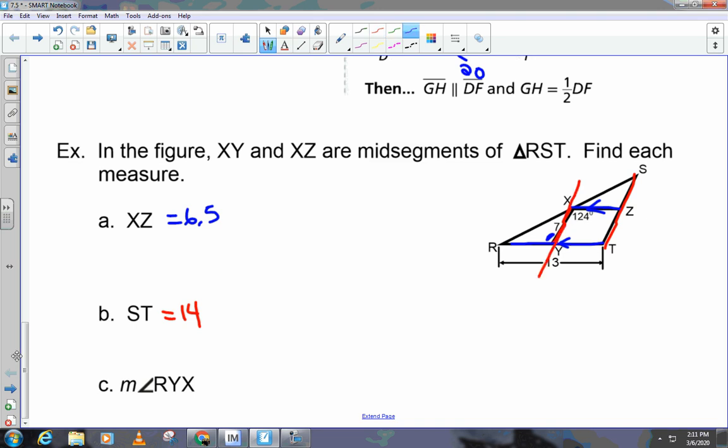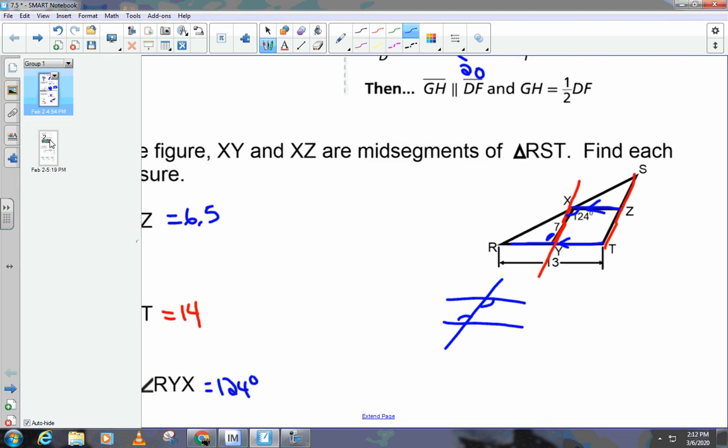So if it acts as a transversal, what relationship does RYX have with 124? They're equal. Why? What kind of angles are they? Alternate interior. Remember, when you have parallel lines cut by a transversal, your alternate interior angles are equal, and that's what those are. So they're equal to each other. Okay, so that is 124 degrees. All right.